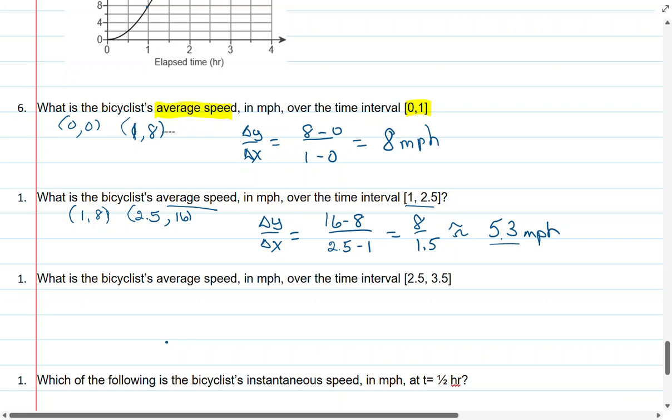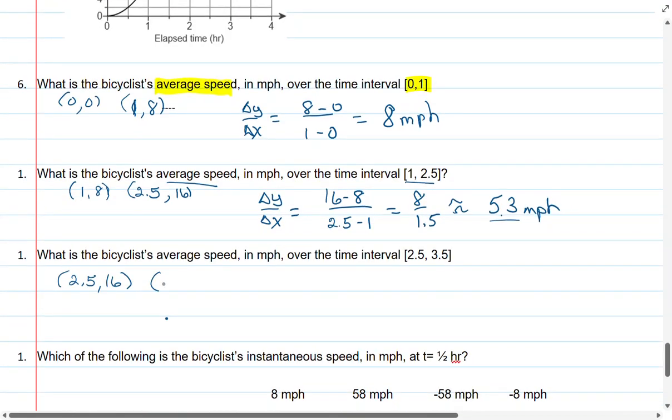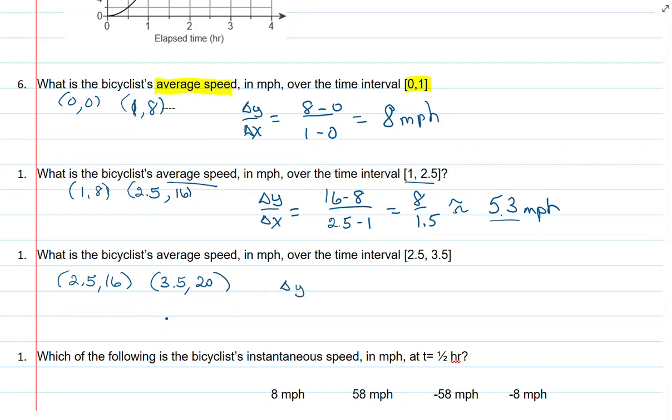Okay, then the speed from 2.5, which we already know is 16, to 3.5. So 3.5 is here, and that is 20. Again, we're going to do the little math, nothing serious.